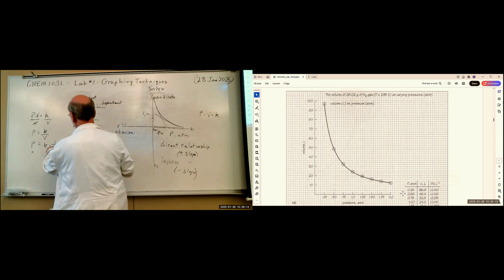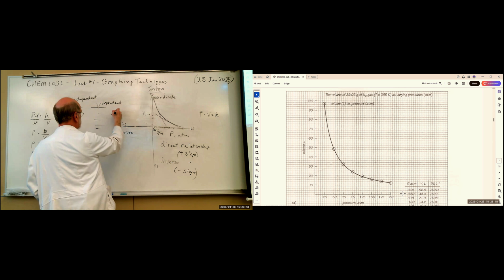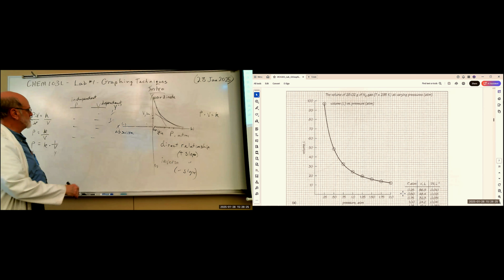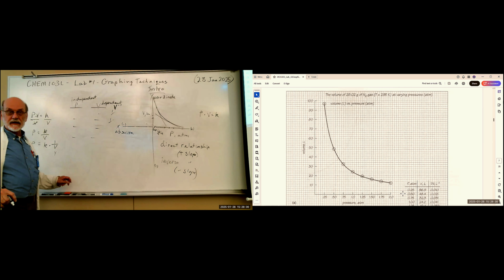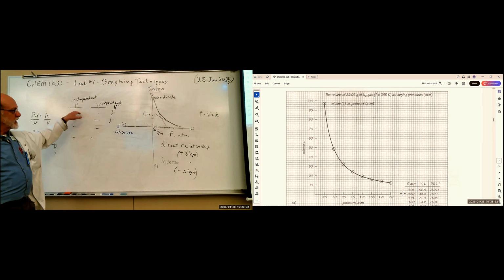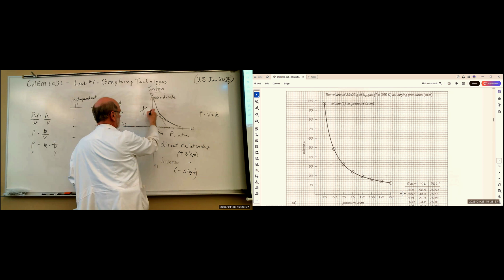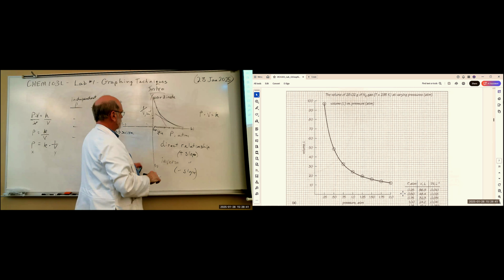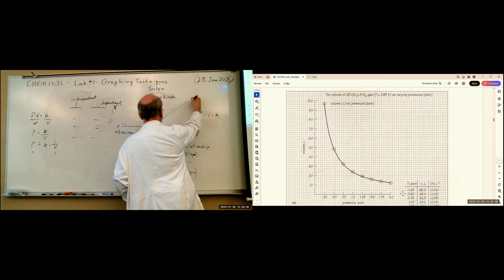But if we do a transformation of the data, and we take the inverse of each one of those, volume to the minus 1, now we've got transformed data. And if we plot pressure against 1 over V, liters to the minus 1, we can get a straight line.